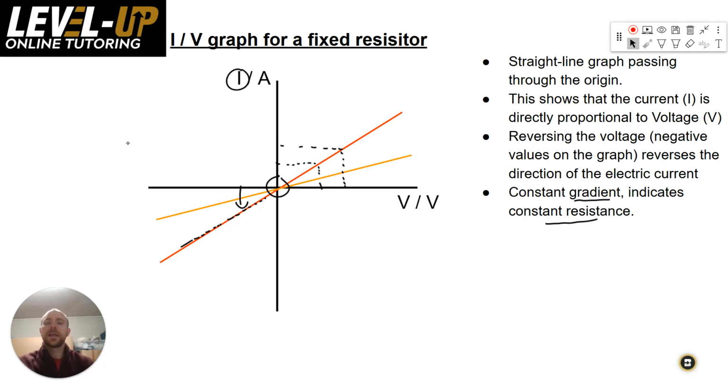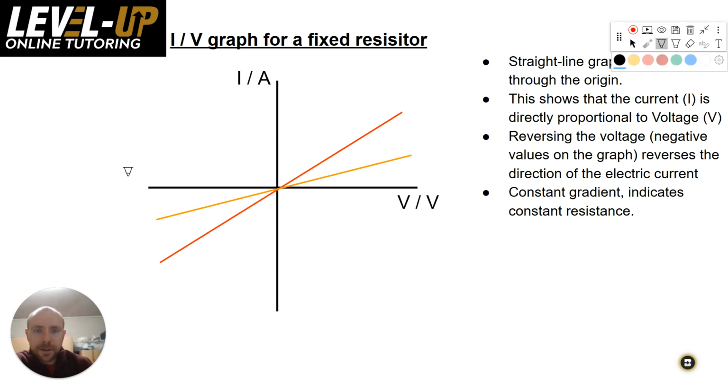But if I were to use a higher resistance, what's happening here? I need to think about this quite carefully. In this case, if I was to produce the same voltage, for the first one we had a voltage and there was quite a high current. With this one, with a lower gradient line, I'm giving it the same potential difference, but I'm getting a lower current.